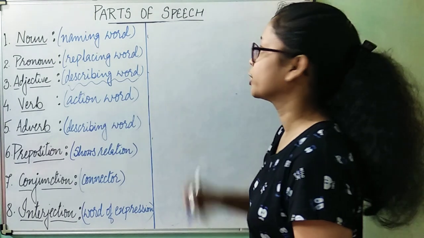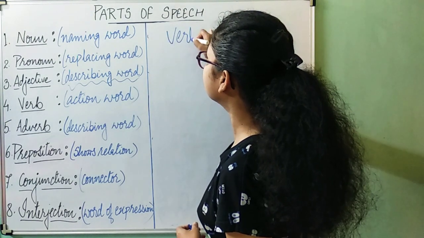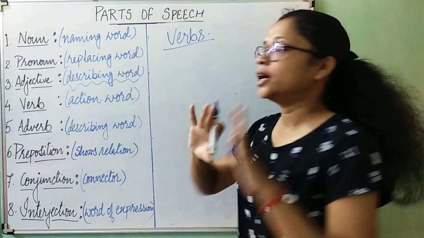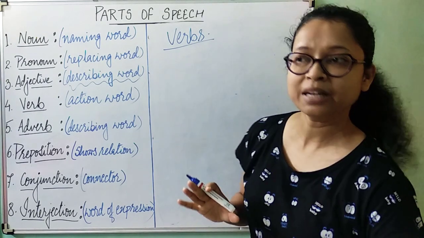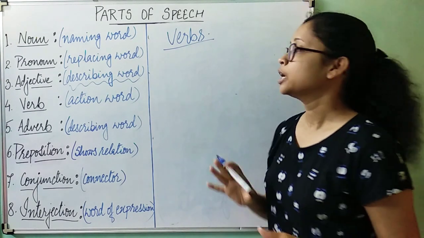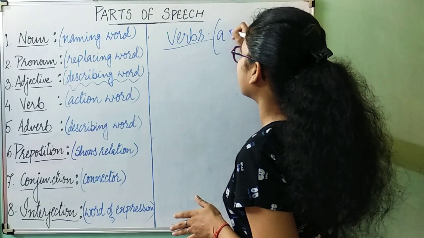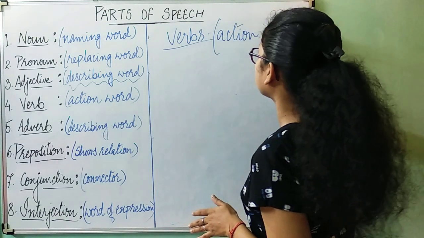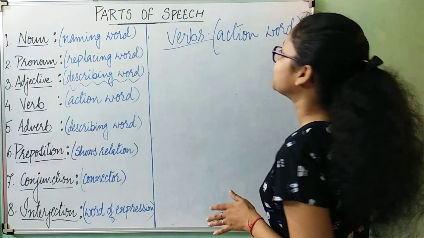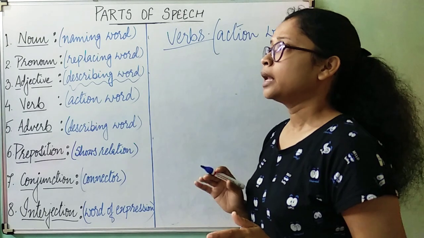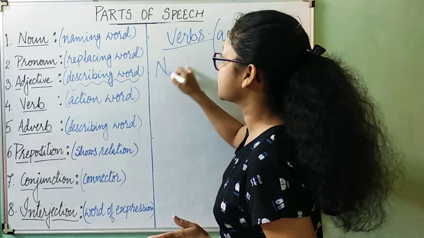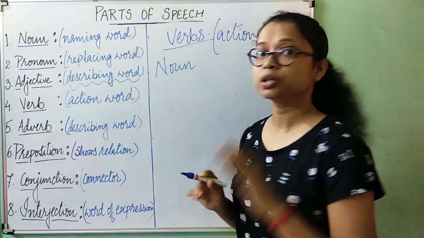Alright, so next, moving on to verbs. Since childhood we have been learning this definition of verbs, that is, we know that it's an action word. So what does it basically explain in a sentence? Now, a verb is a word that tells us about a noun.